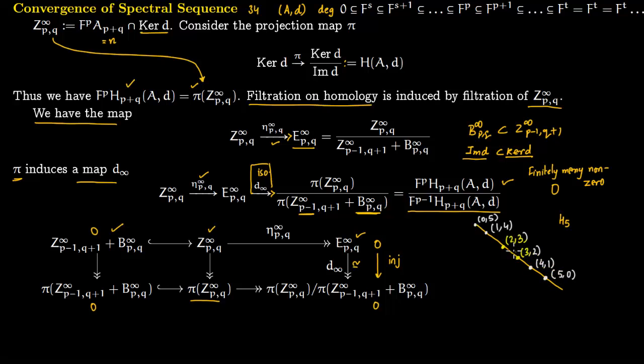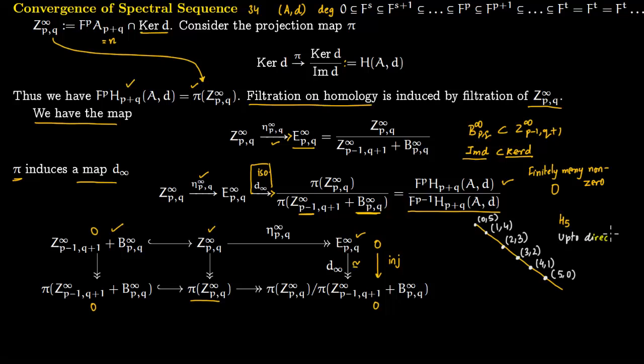These are the coordinates where our H5 lies, and then you take the direct sum of these coordinates. The only problem is that sometimes the sums might be jumbled up, or on page infinity you cannot distinguish between certain groups. You can only see the homology up to direct sum.